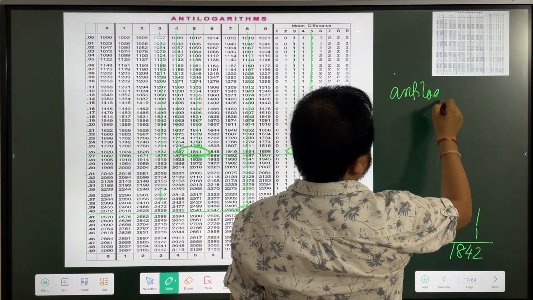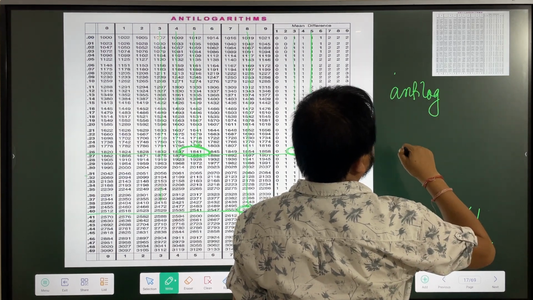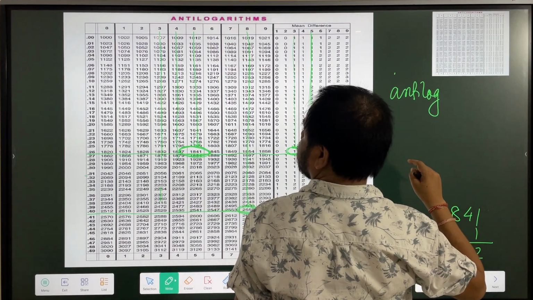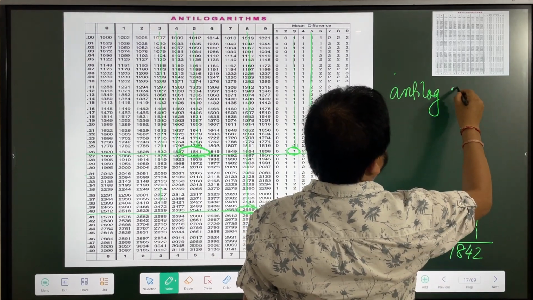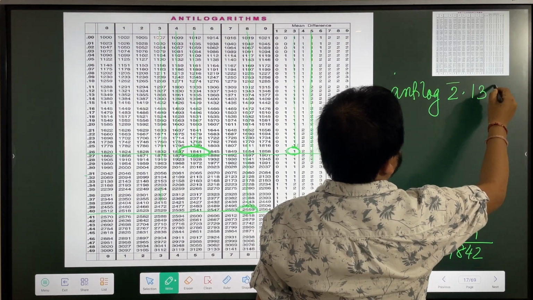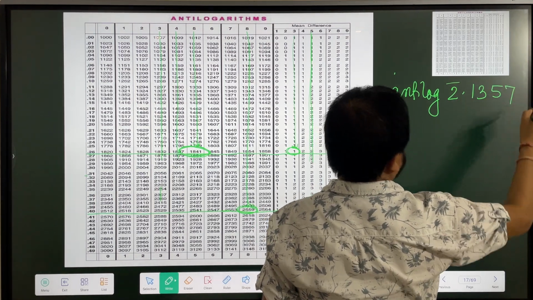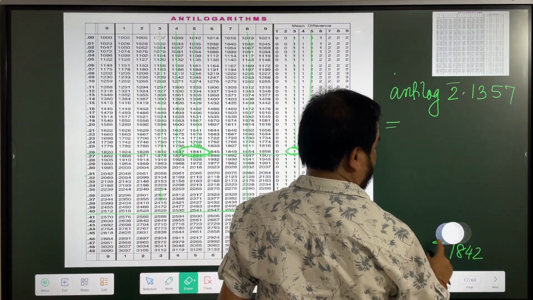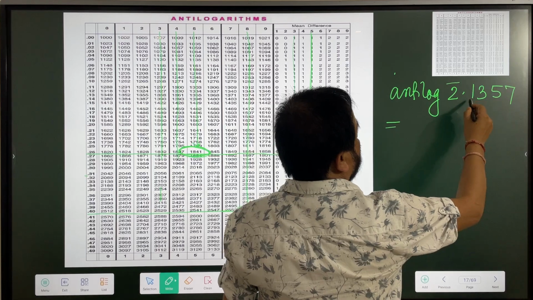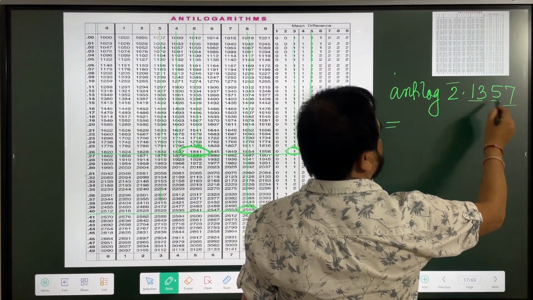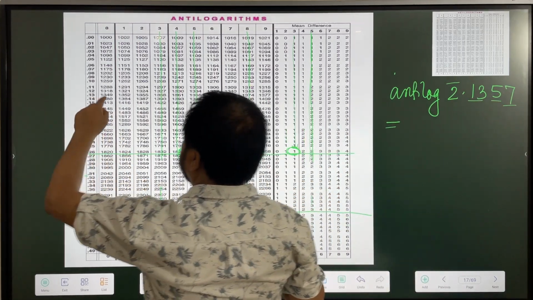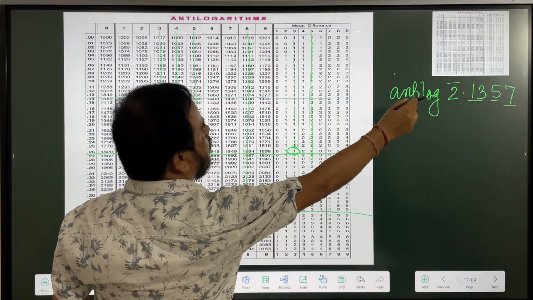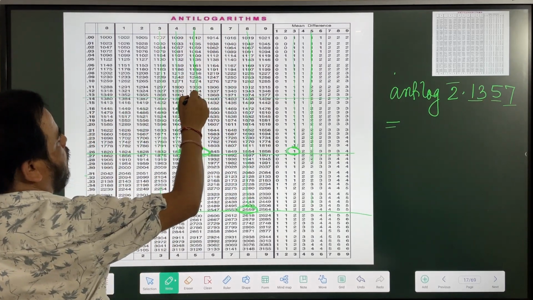Antilog of 2 bar 1357. So you will write answer. We will go to 1, 3, 5 and 7. 0.13 first. Where is 0.13? Here. 0.1357. 5. So 5.